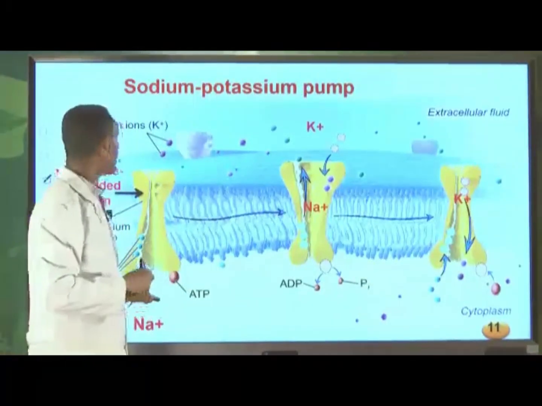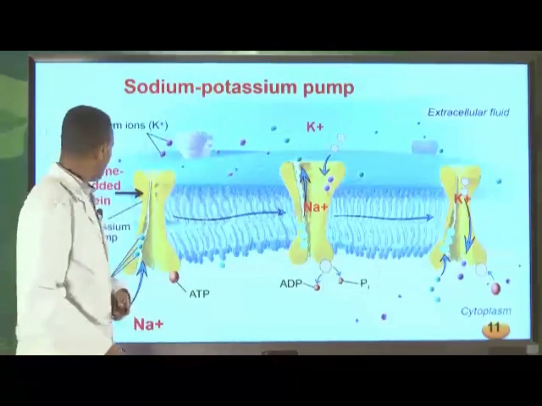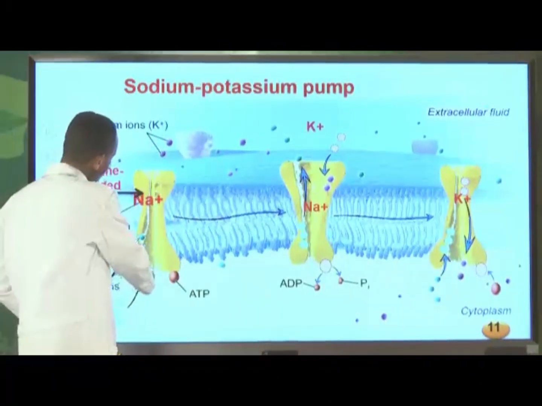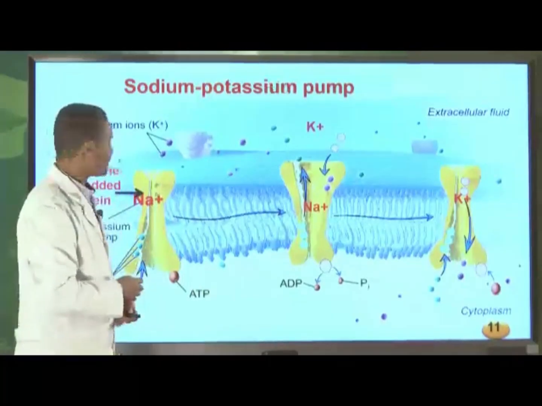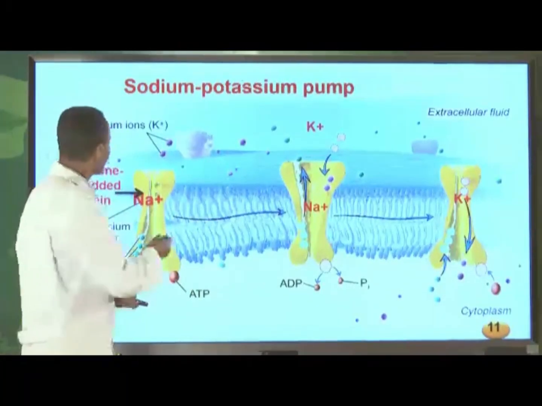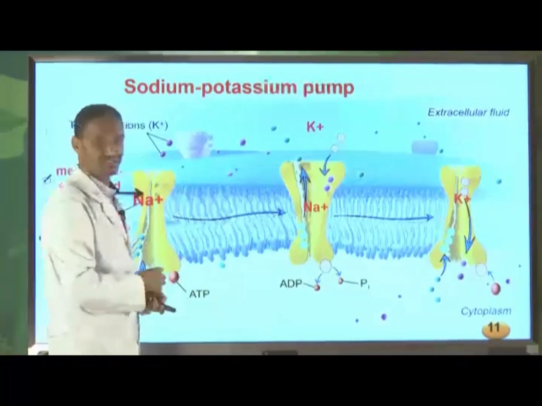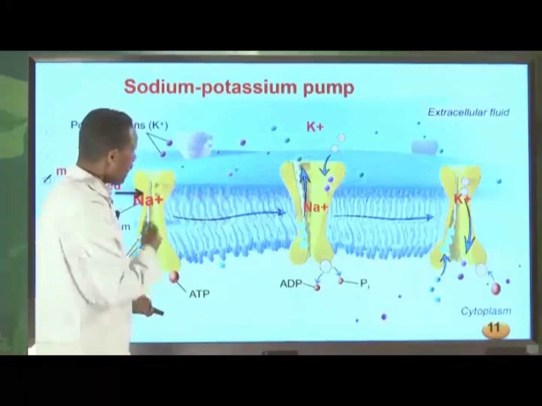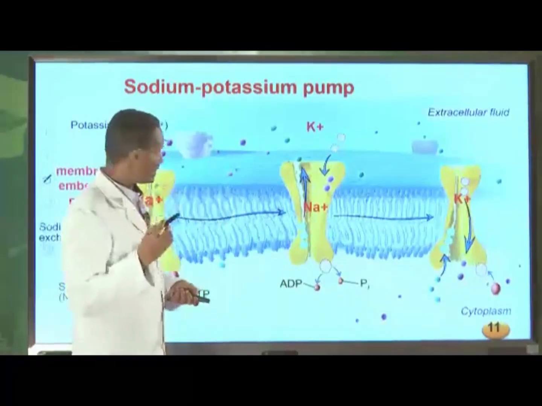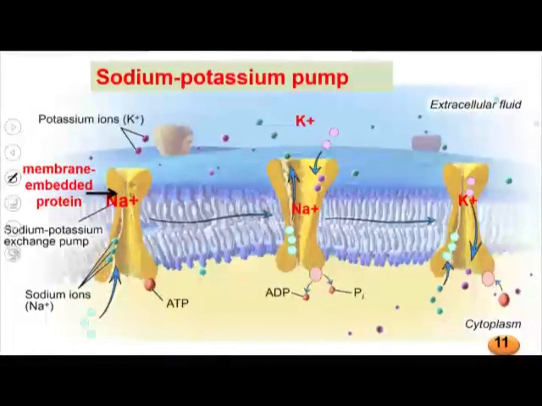Now, let us see how the movement of the ions can take place. For example, in the first case, the sodium ion is to leave the cell, but it cannot pass this point because it is closed. Then, when ATP is hydrolyzed, one of its phosphates becomes attached to the membrane-embedded protein.